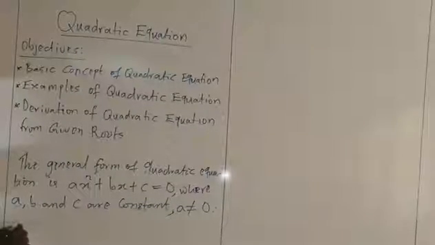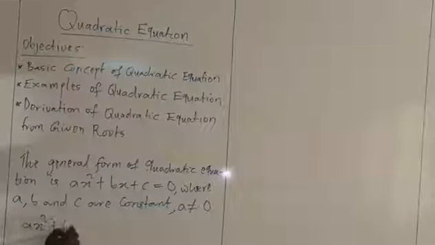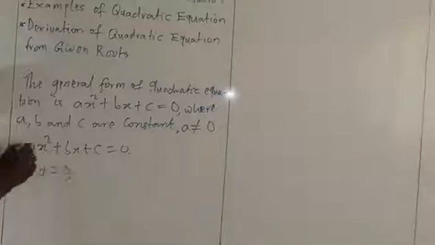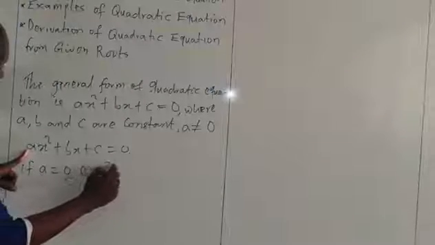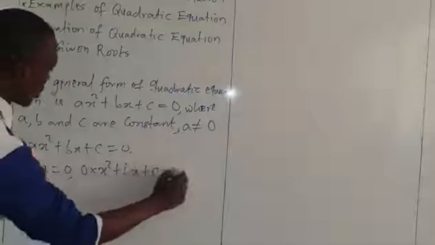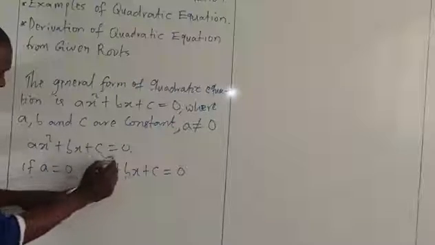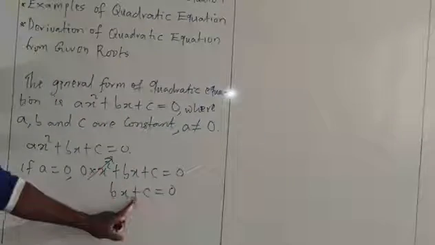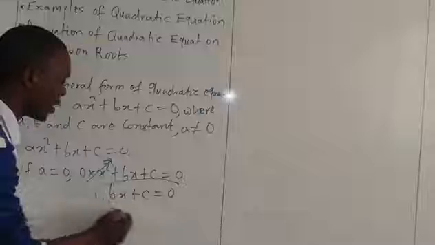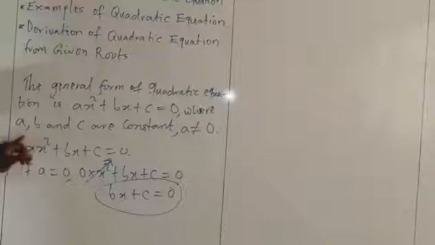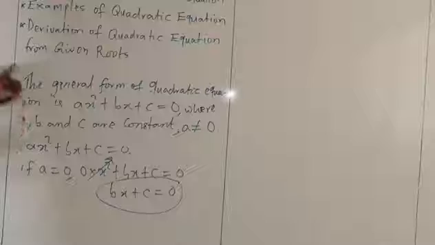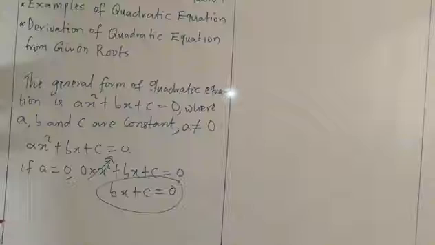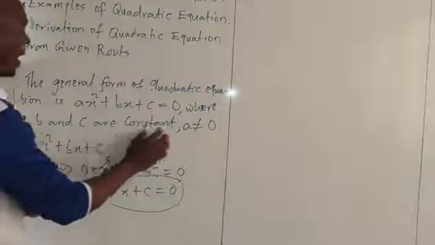If you have a s squared plus b s plus c equals 0 and a equals 0, we have 0 multiplied by s squared plus b s plus c equals 0. Everything there is 0, so we have b s plus c equals 0, which is a linear equation. So a must not be equal to 0 for the general form of quadratic equation to hold.